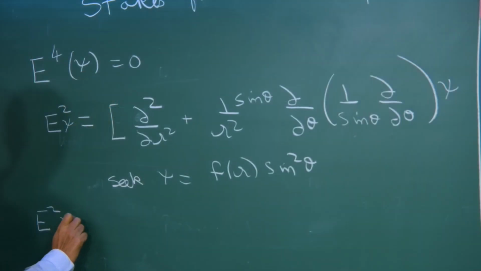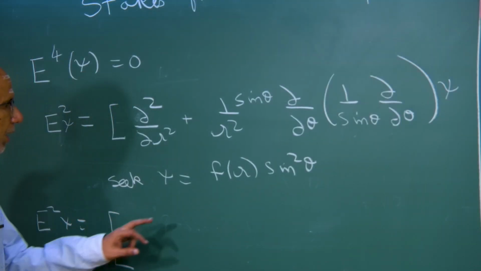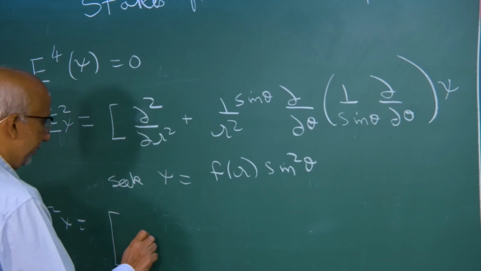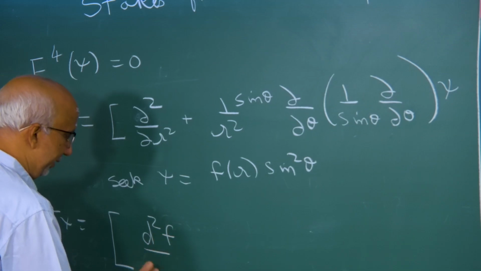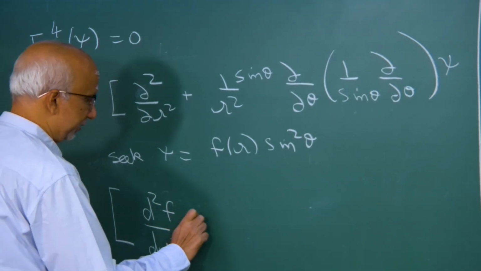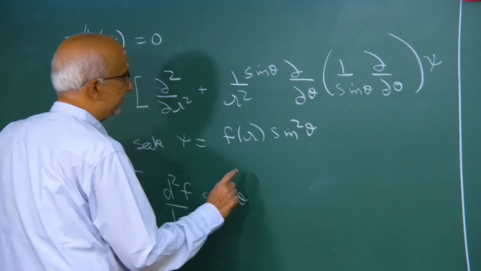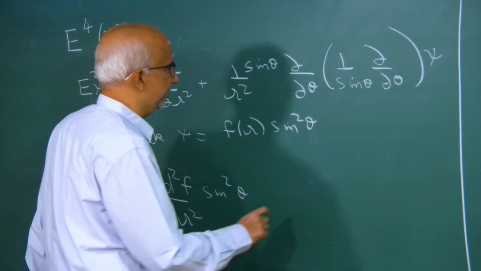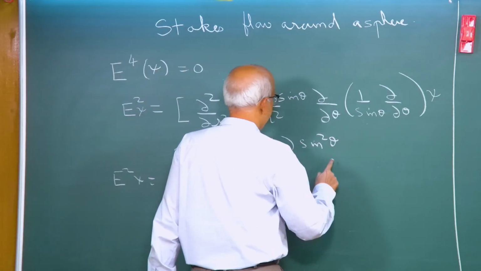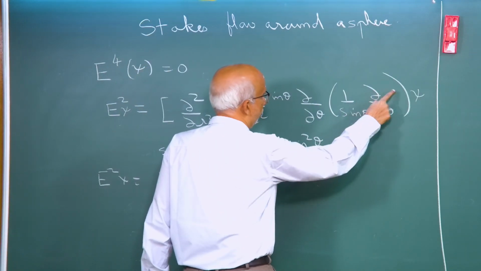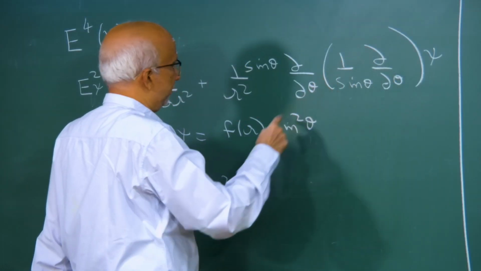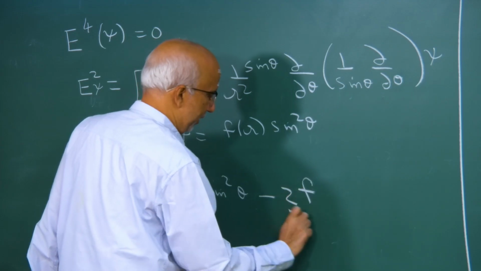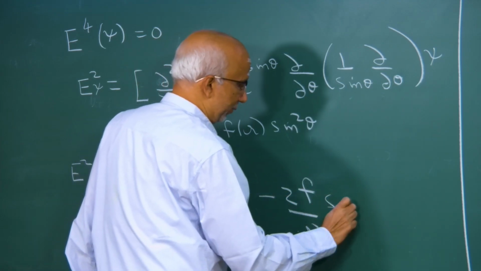E squared psi will be, when I differentiate this 2 times with respect to r, d square f by dr squared sin squared theta. That is the first term, because sin squared theta is a constant as far as r is concerned. And you differentiate this 2 times, sin squared theta, you get 2 sin cos, sin cancels cos, so again I get sin square, minus 2f by r squared sin square theta.